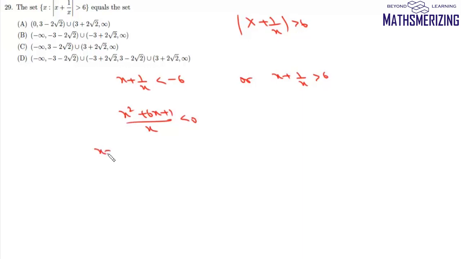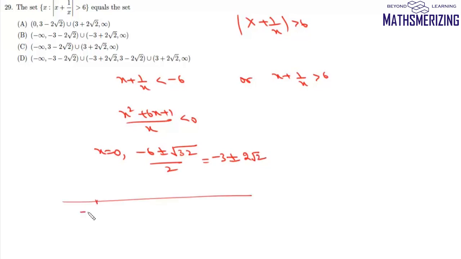Now the roots are 0 and then minus 6 plus minus root of 36 minus 4. So it will be 32 divided by 2, so it will be minus 3 plus minus 2 root 2. So the 3 roots will be minus 3 minus 2 root 2, and then minus 3 plus 2 root 2, and then 0.